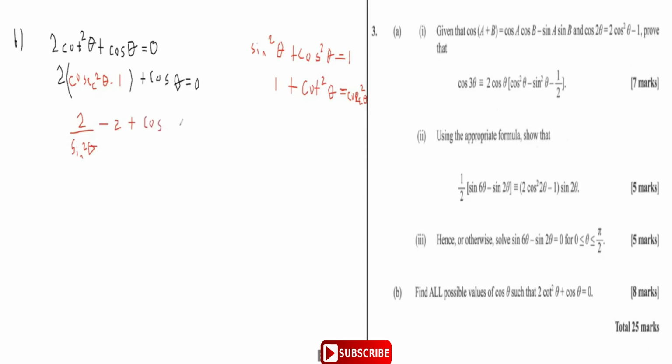Nice and easy. Now when you get to this portion of the solution, what do you do? Well, you can multiply through the entire equation by sine squared.